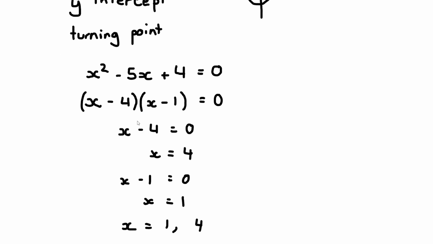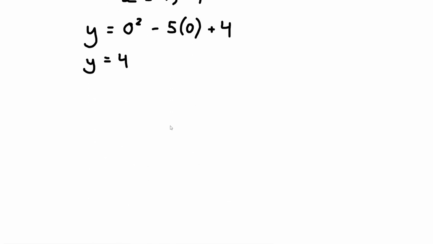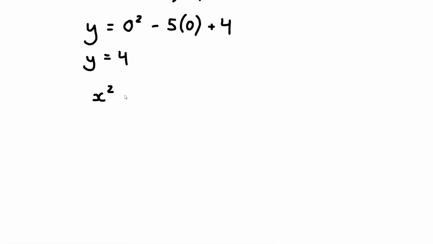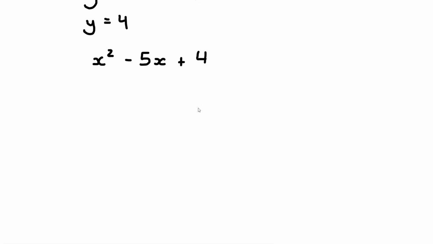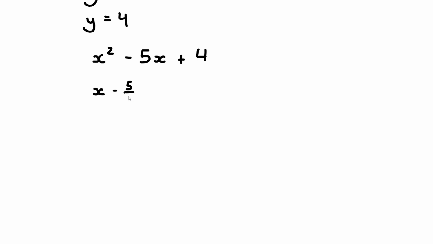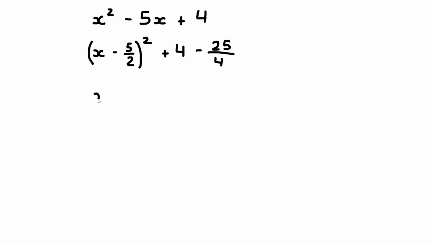Now we want to complete the square to find the last bit of data that we need, which is the turning point, right? So we've got x squared minus 5x plus 4. So let's complete the square. We halve the coefficient of x, so x minus 5 over 2 whole squared, plus 4 minus the square of this, which is 25 over 4, so minus 25 over 4.